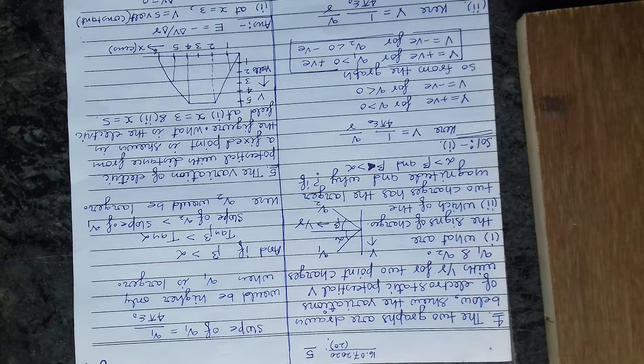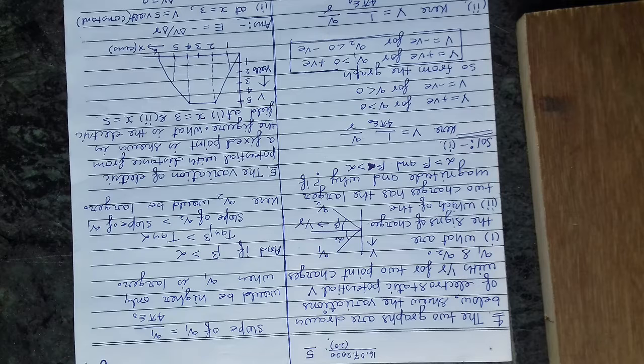First, you have to calculate what the signs of the charges are. Second, you have to calculate which of the two charges has the larger magnitude and why, if alpha is greater than beta and beta is greater than alpha, where alpha and beta are the inclinations of Q1 and Q2 with the 1/r axis.